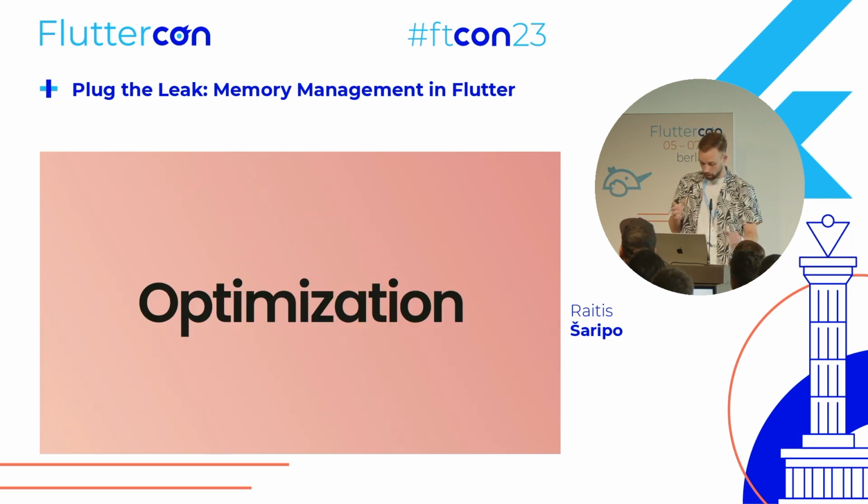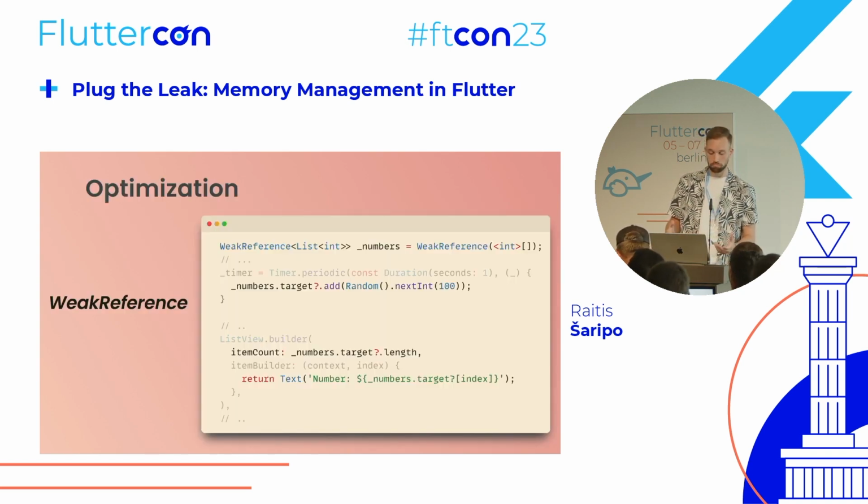All right, let's take a look at some of the optimization techniques that we could use. Not all of them, this is just to get the ball rolling, so you can come up with your own solutions as well. If you're coming from an iOS native background, you already know about weak references. In Dart and Flutter, we also have this: the WeakReference class.